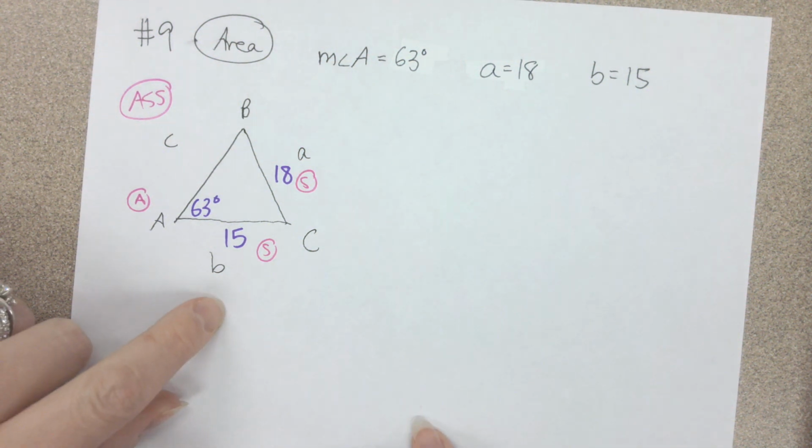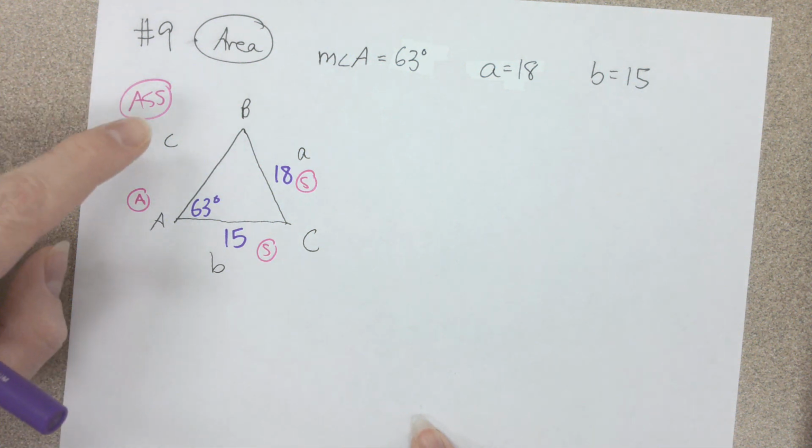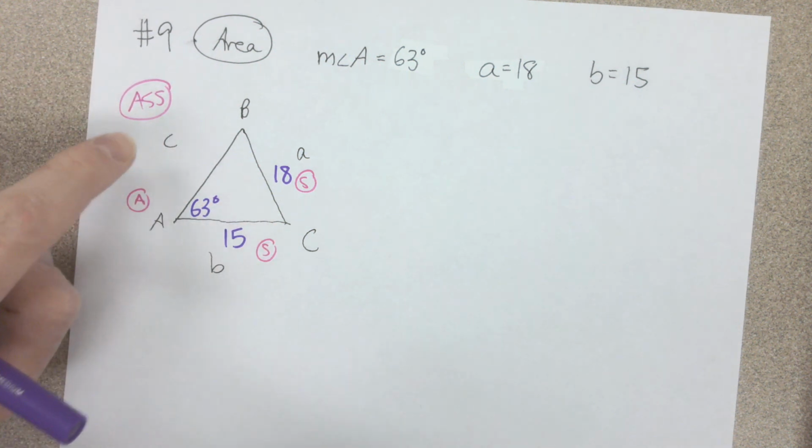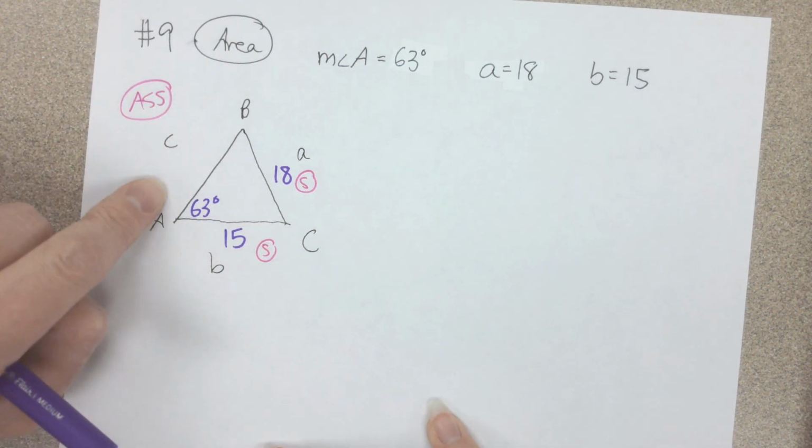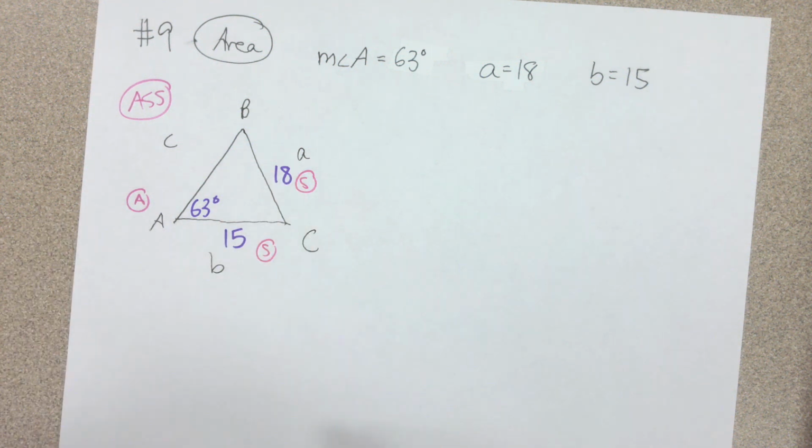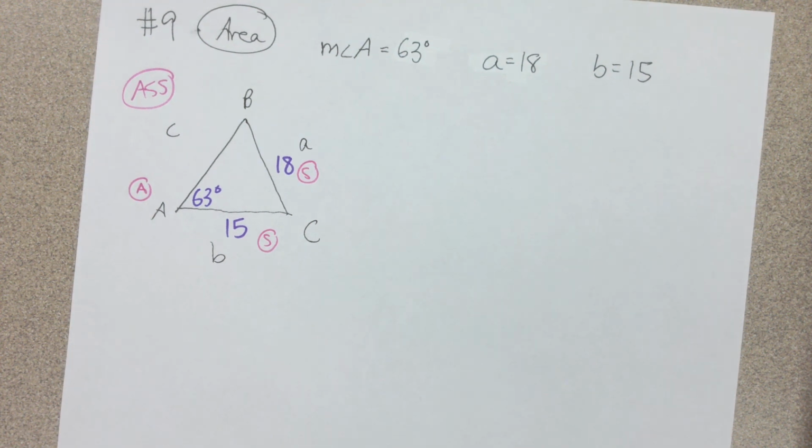So the goal is to either find side C or angle C. I will always opt to finding a missing side because, again, when you use the angle, that's where we get into murky water with the law of sines, the inverse sine. So avoid that if you can.